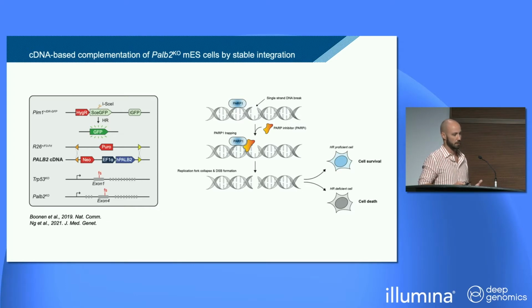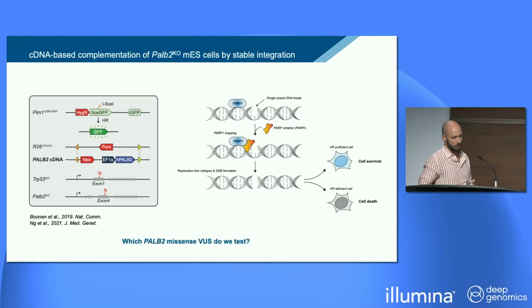Cells that express a functional variant of PALB2, so cells that are proficient in HR, are fairly resistant to the PARP inhibitor, whereas cells that express a damaging variant of PALB2 cannot repair these breaks in an error-free manner and are sensitive to this type of inhibitor. So these are two assays that we can use to look at the function of PALB2 in homologous recombination.